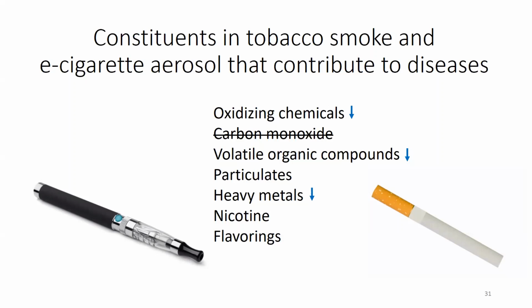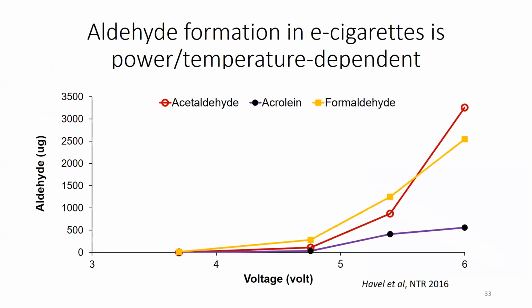There is no carbon monoxide because there is no combustion in e-cigarette aerosol. There are some volatile organic compounds like formaldehyde, acrolein, and so on, but at much lower levels compared to cigarette smoke. There are particles. There are heavy metals that may be coming from the coils, but at lower levels compared to cigarette smoke. And then there's nicotine and flavorants. I may just skip through this in the interest of time.